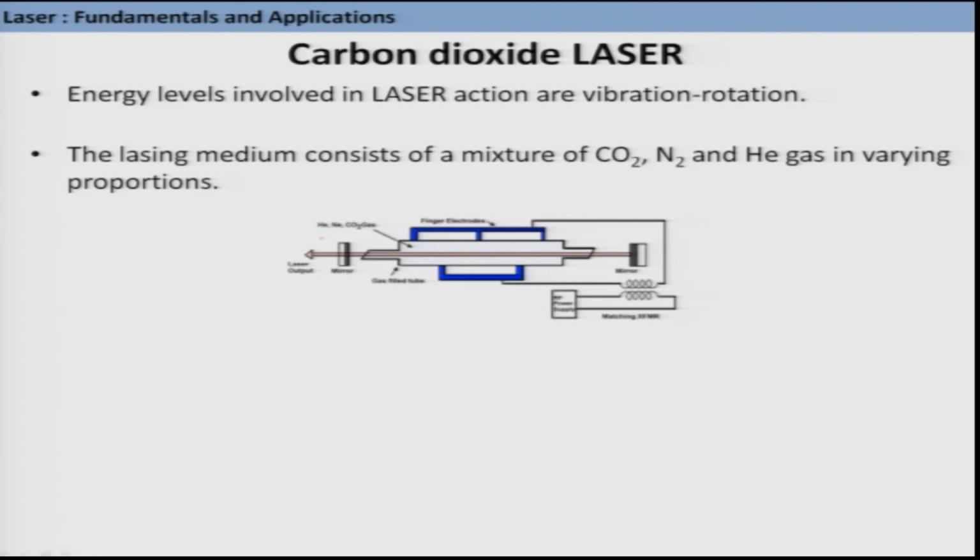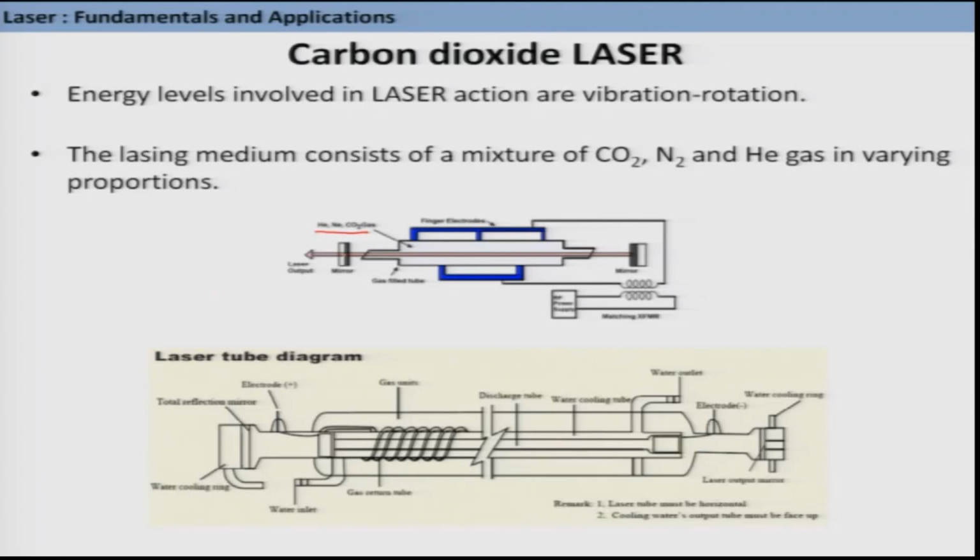You have this helium, nitrogen and carbon dioxide gas all mixed up here, and you put an end mirror here and an output coupler here, and ultimately you get the laser output. Quite a simple design.